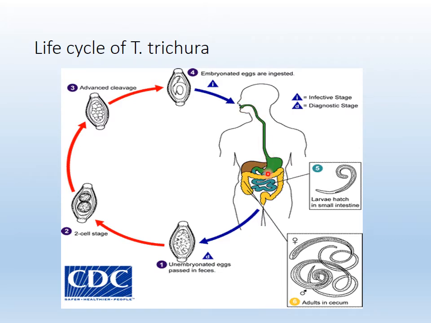When it enters with food or water, the larva comes out of the egg in the small intestine, and finally in the large intestine it converts itself into the adult worm. Male and female worms are there, and after fertilization, eggs are excreted in the stool, and those eggs wait for another host to infect again. So it is basically fecal-oral transmission.